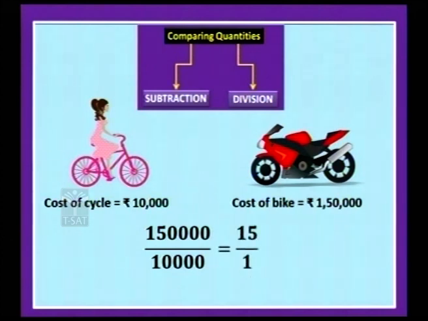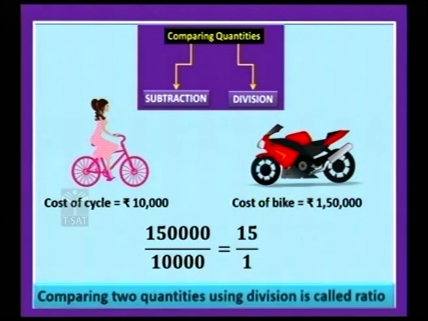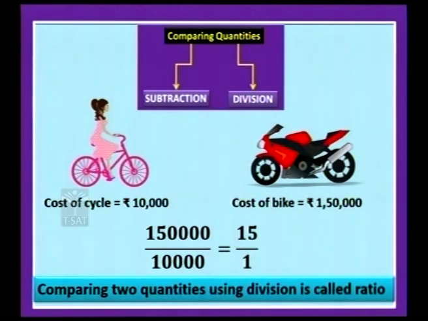So we get 15 by 1. Now what do you mean by this children? Yes, that means I am comparing two quantities using division. Now this comparing of quantities using division is called ratio. So when we compare any two quantities using division, we generally call that a ratio.